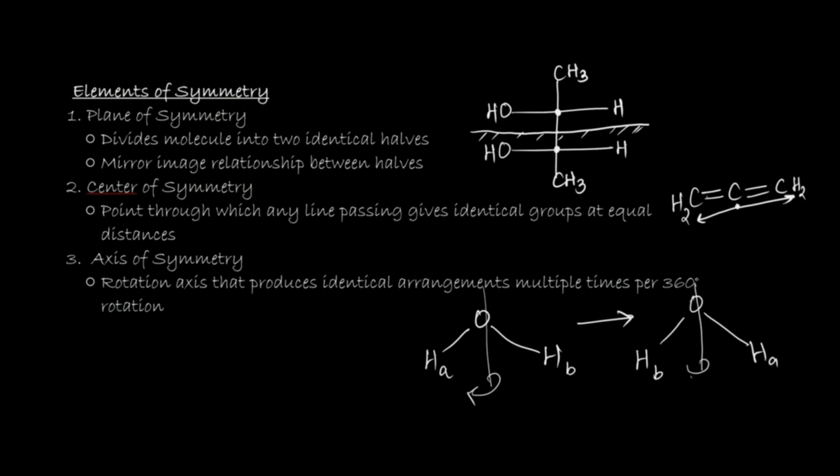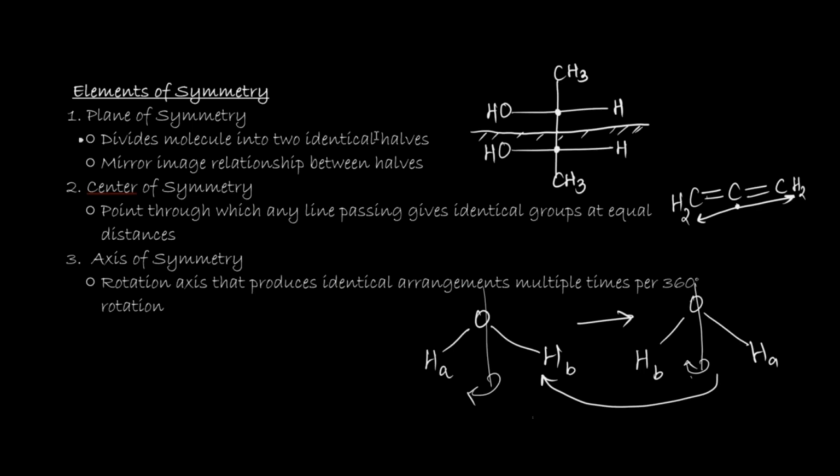Once again, I rotate it, and I get the same molecule again. So a rotational axis that produces the identical arrangement multiple times per 360-degree rotation has an axis of symmetry. Why these are important: depending on these, we find whether the compound is optically active or not, whether the compound exhibits optical isomerism or not.